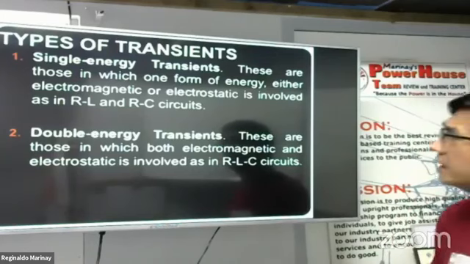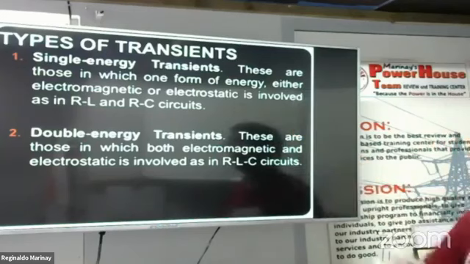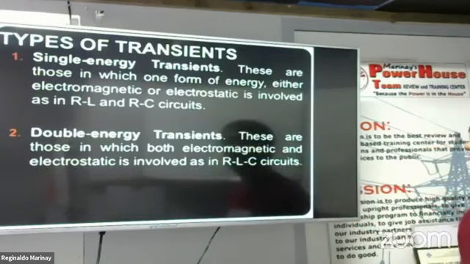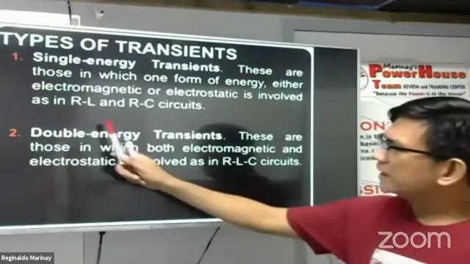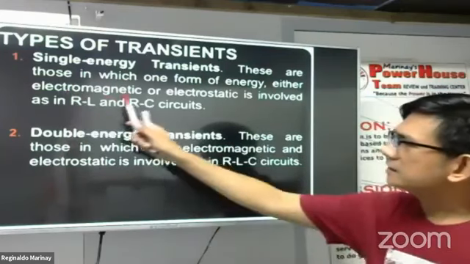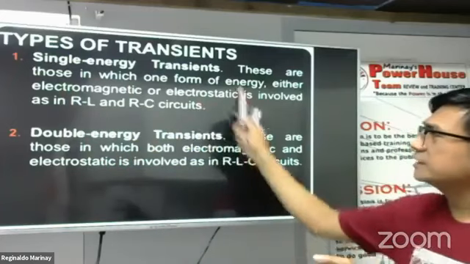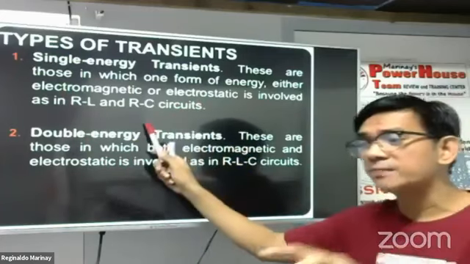Okay, types of transient. We have the single energy transient. These are those in which one form of energy, either electromagnetic or electrostatic, is involved, as in RL and RC circuits. If we mean electromagnetic, that is the energy stored in the inductor. If we mean electrostatic, that is the energy stored in the capacitor.